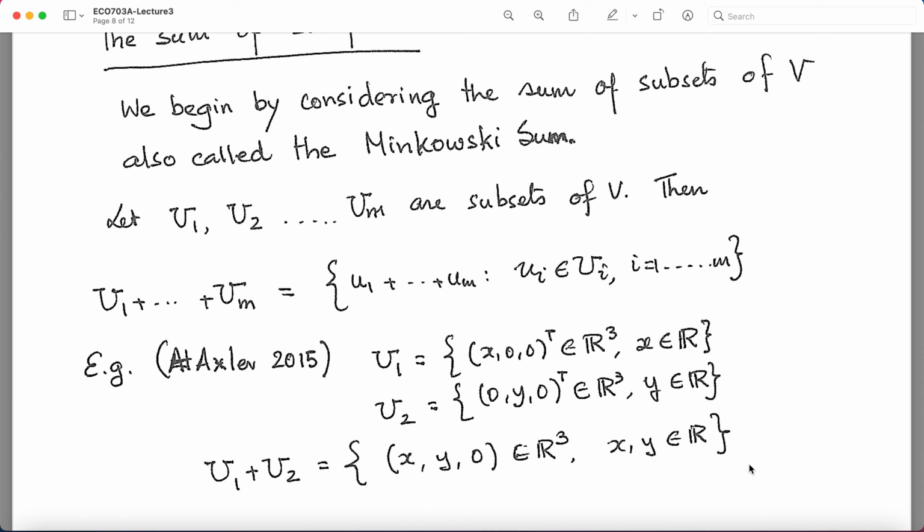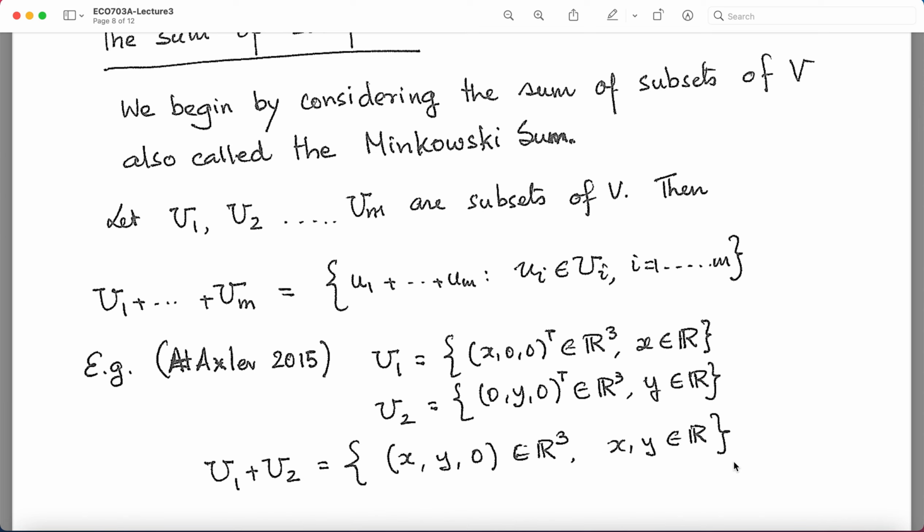U1 plus U2 plus and so on: any element of that new set is of the form u1 plus u2 plus and so on, where each ui comes from Ui. The first position has to be filled with some element from capital U1, the second position with some element from capital U2, the third from capital U3 and the mth from capital UM, and you have to add them up. So, you can make many possible additions.